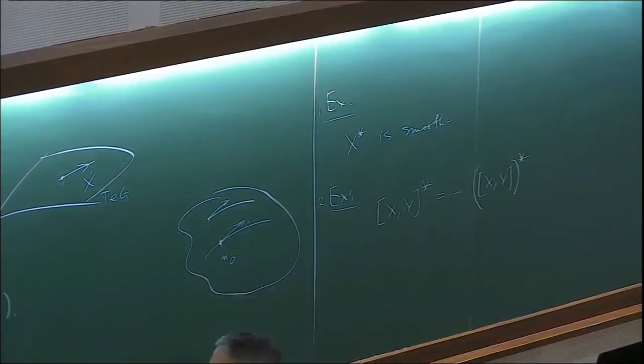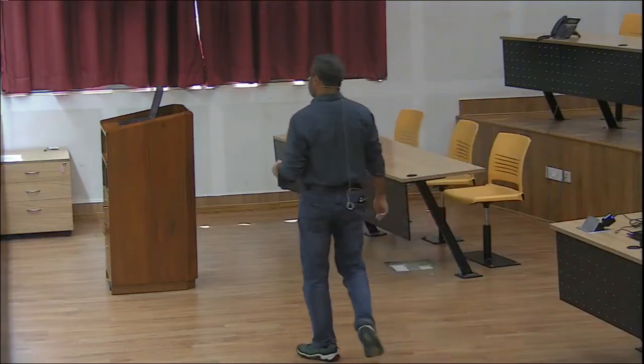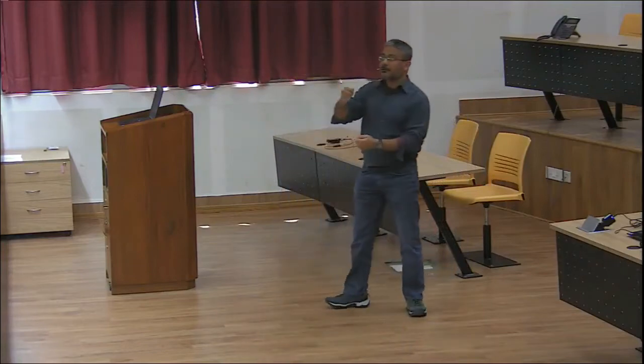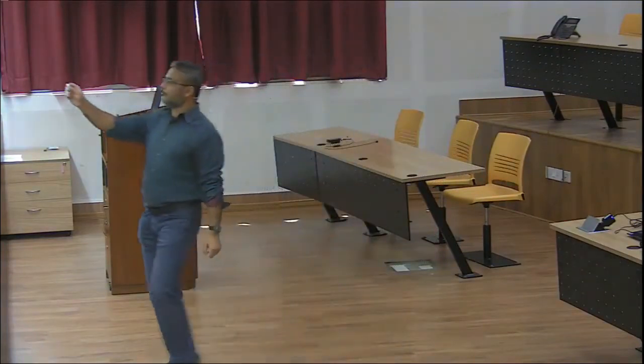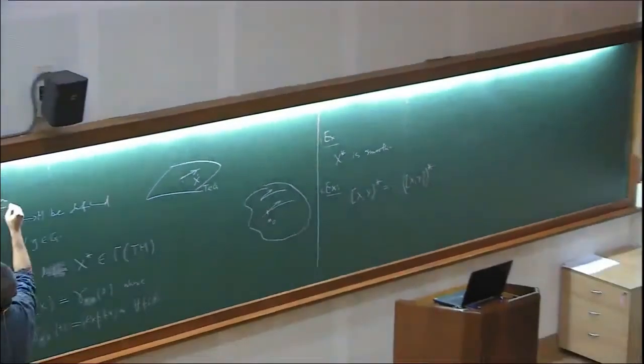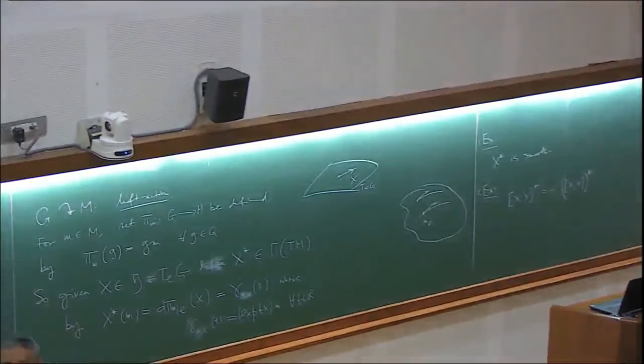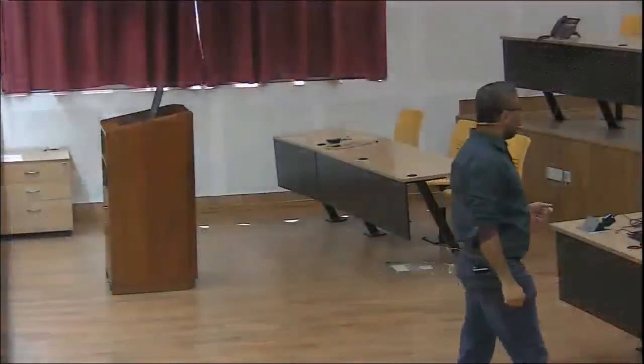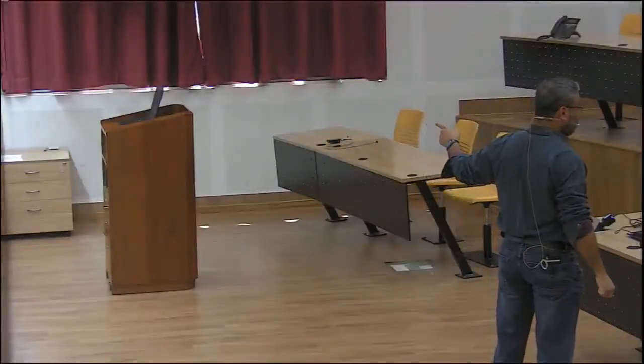It says that the map from the Lie algebra of the group to the Lie algebra of vector fields is almost a Lie algebra homomorphism, up to a sign. But if, instead of a left action, I take the right action, then that minus sign will disappear.